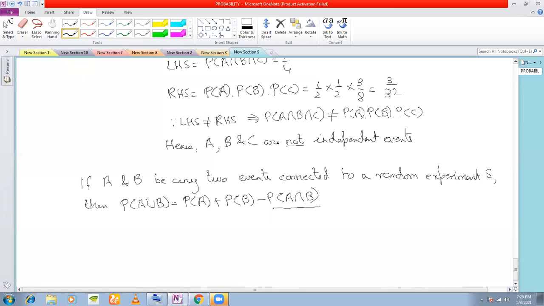But what if I don't know this probability? Then what will I do? Suppose I don't know P(A intersection B), but I know that A and B are independent events.